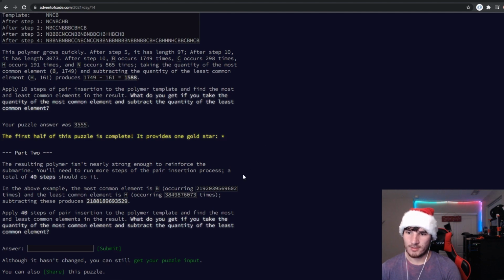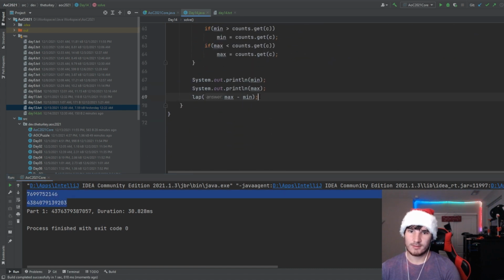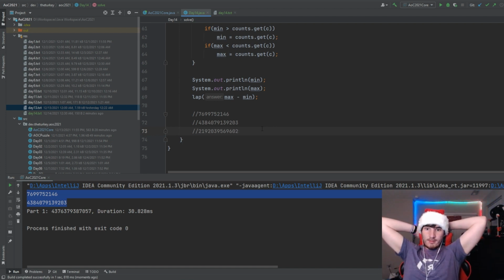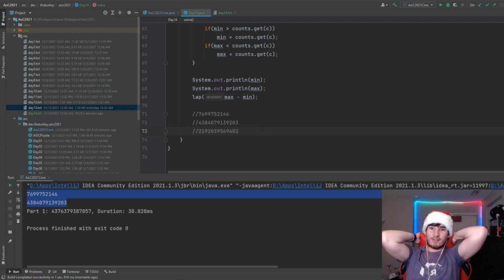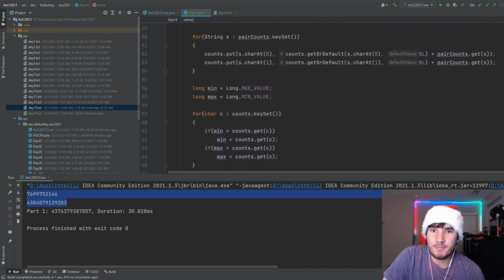Changed. That looks not right. We have exactly double, or not exactly double, but basically double what it should be. Why do we have double what it should be?